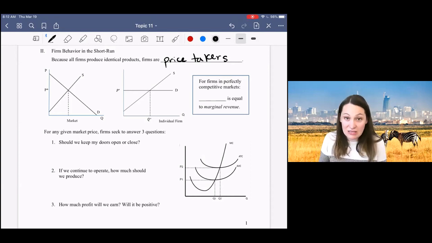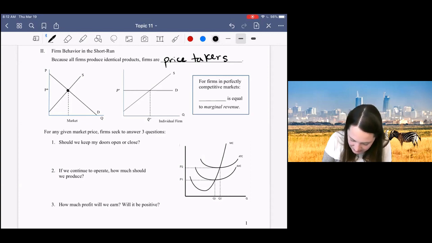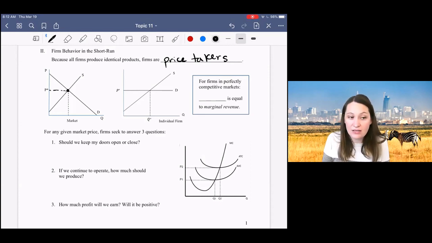So that's what these graphs are describing here. These graphs are describing the market for a product and the situation of an individual firm. Okay, so the individual firm does not set the price. The market sets the price. Of course, you know, supply and demand determine the price in a market, right?